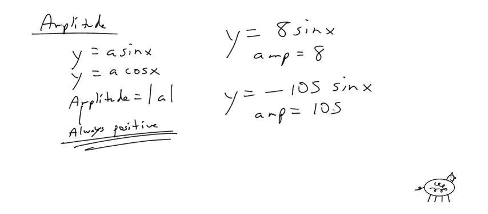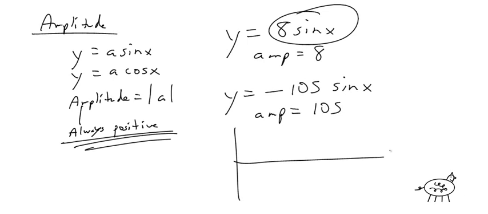And really, if I give you guys a maximum, let's say this is 8, what's going to go on is that it goes all the way up to 8, and this goes to -8. So from the 0 point, you're going to add 8, and from the 0 point, you're going to subtract 8, and that's basically the maximum and the minimum height of the curve. Maximum is 8, the minimum is -8. Okay, that should be pretty reasonable.